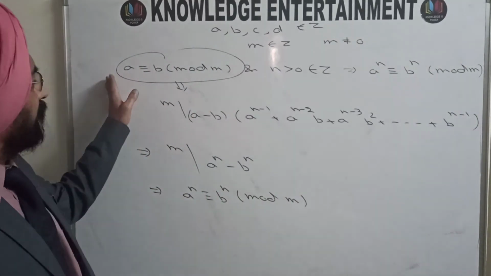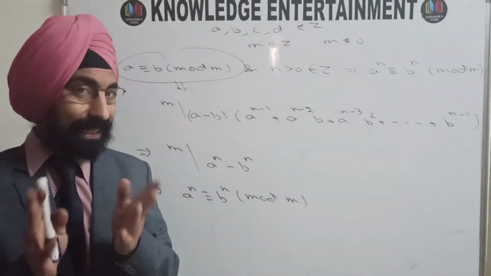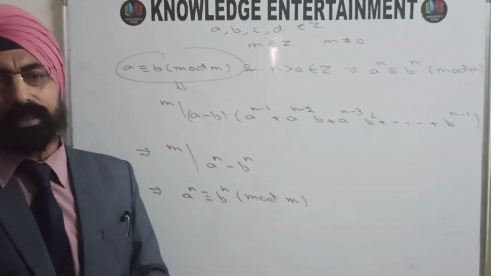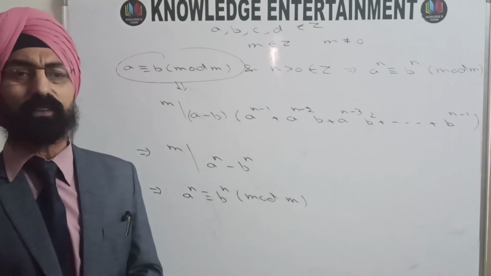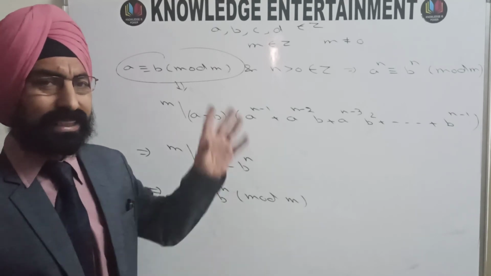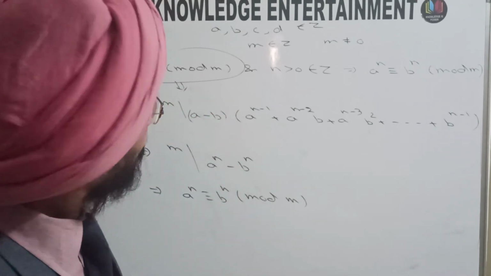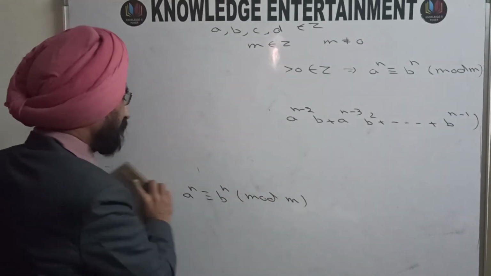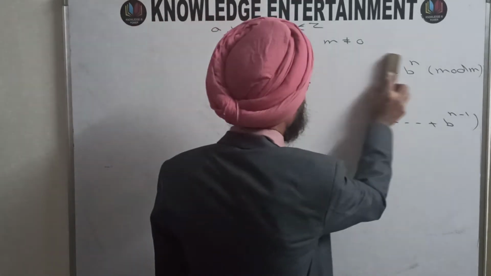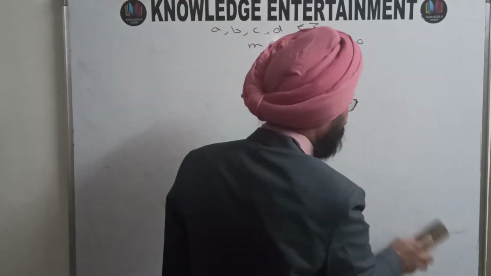We have proved that if A is congruent to B modulo M, then A square is congruent to B square modulo M, A cube is congruent to B cube modulo M, A power 4 is congruent to B power 4 modulo M, and so on. This result we have just recently proved, and now I'll use this result to prove another very important result.